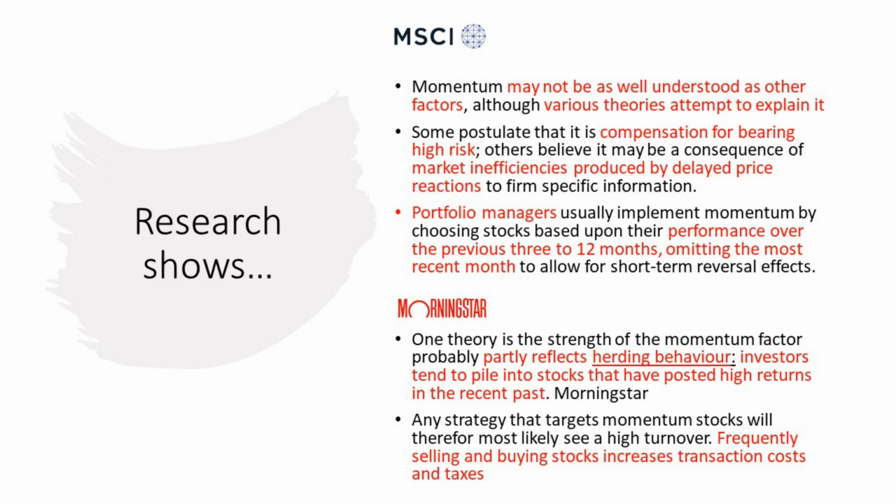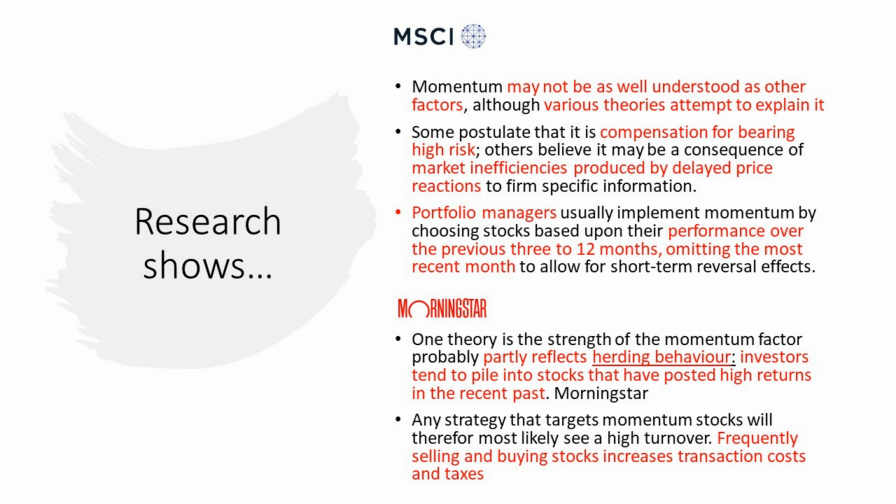Now, research from MSCI shows that momentum may not be as well understood as other factors, though various theories attempt to explain it. If even the premier research groups in the world can't understand how momentum works, then as retail investors, we certainly can't expect to understand that either. Some postulate that the outperformance of momentum, since this factor performs relatively well over time, is compensation for bearing high risk.